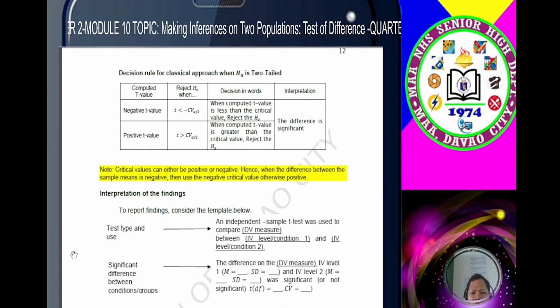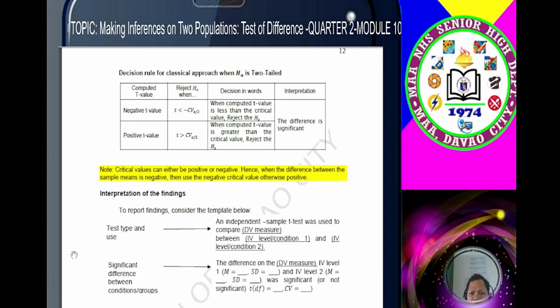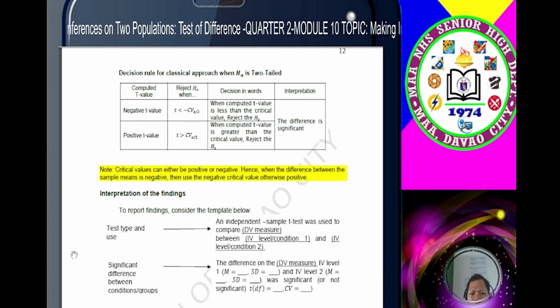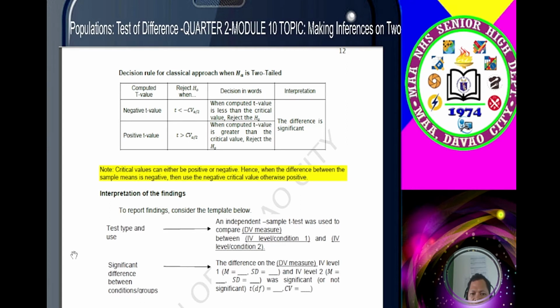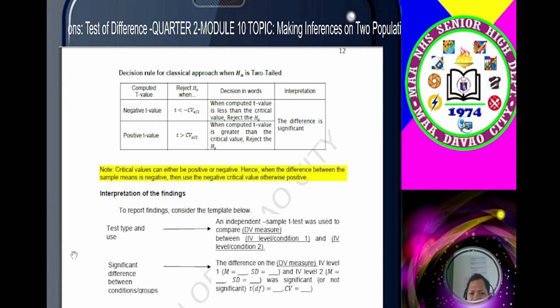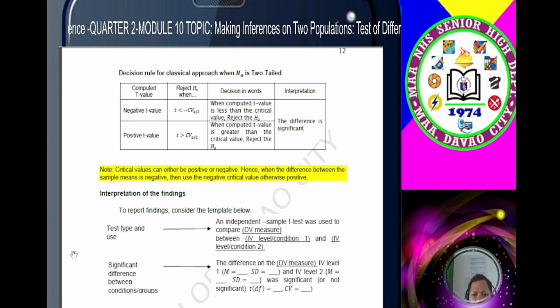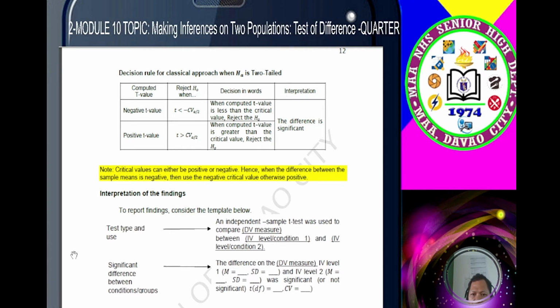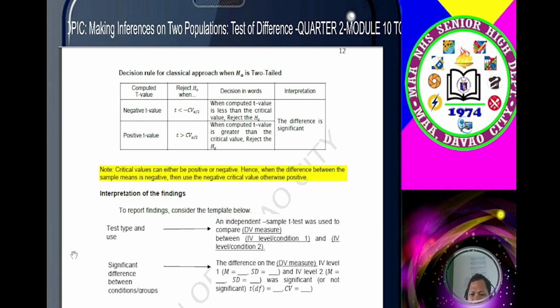So the decision rule for the classical approach when the alternative hypothesis is two-tailed. Okay, so the computed t-value. If our t-value is negative, we will reject the null hypothesis if our t is less than the tabular value, or the critical value. The table can be found in the appendices in this module.